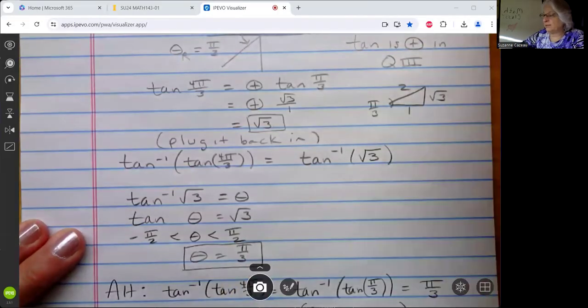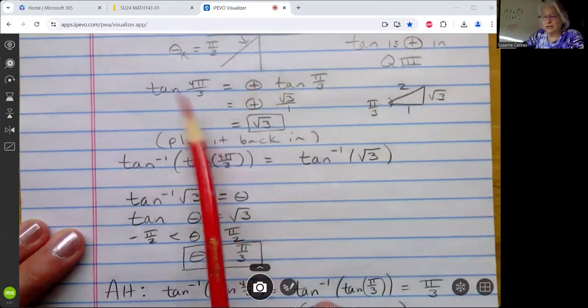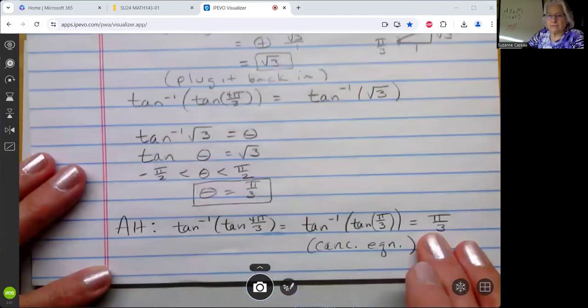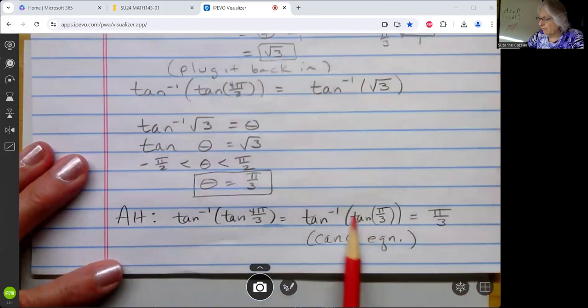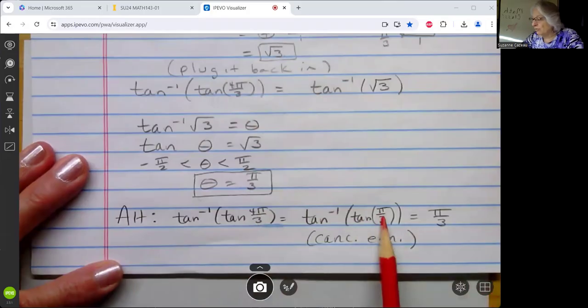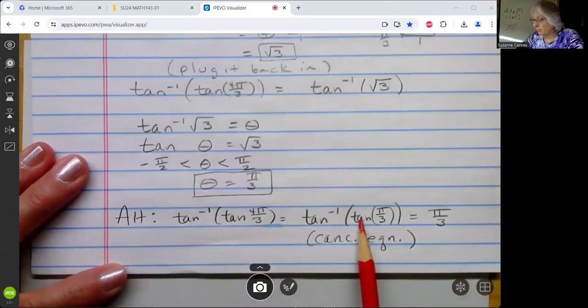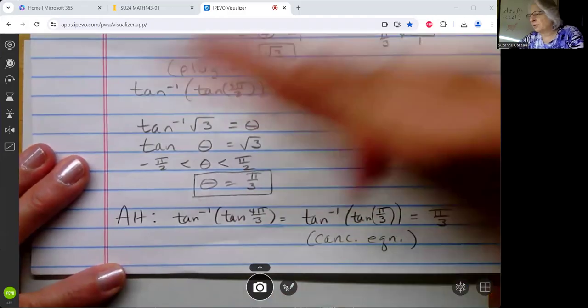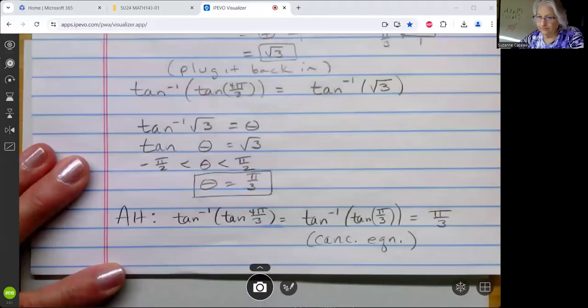Ultimately, what might be easier is if you put tangent pi over 3 in place of tangent 4 pi over 3. Now this is in the restricted domain of the tangent, and you can use the cancellation equation and not worry about √3. So there's a couple of ways you could work it.